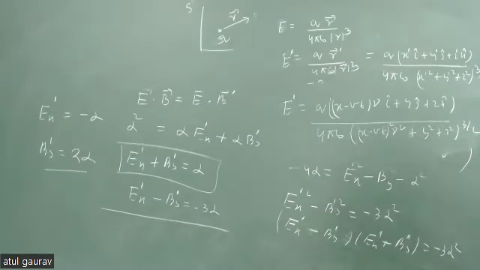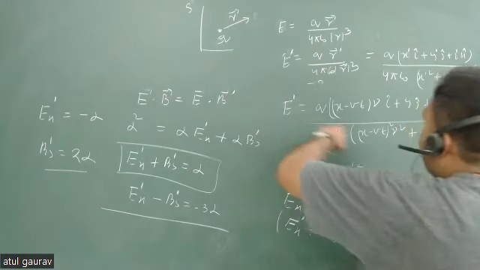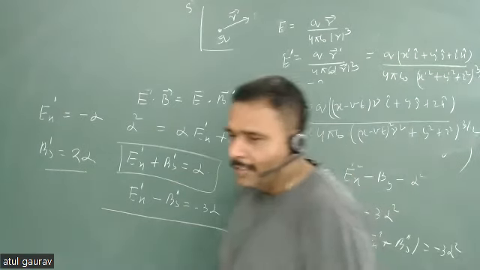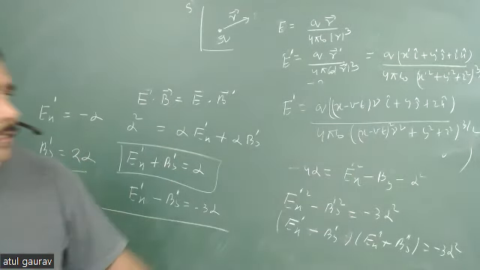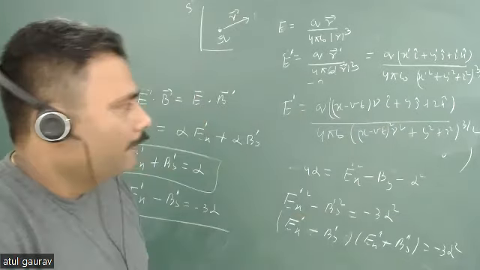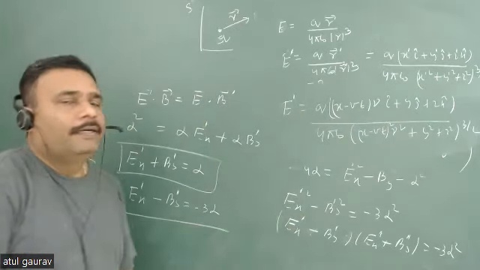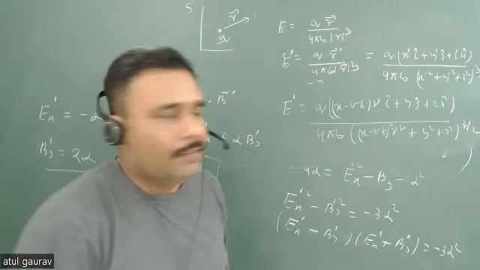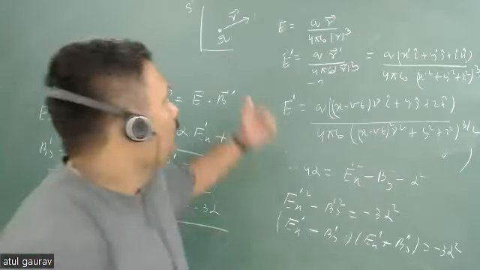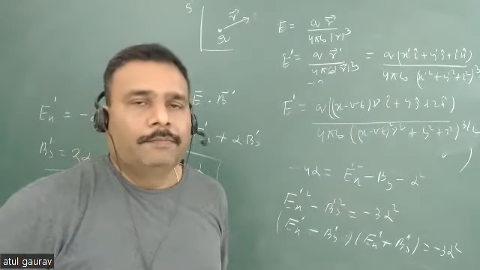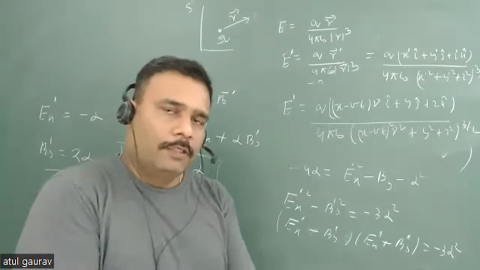So what will happen? From the S dash frame, this is a function of time, and you can see that the entire electric field is changing with time, and you can have an entirely different phenomenon. What is your electric field dependent on? You are seeing this point after time t, because t equal to 0 is the same thing. So at t equal to 0, both are going to coincide.